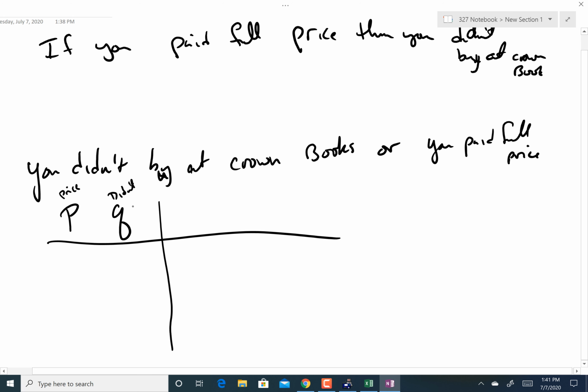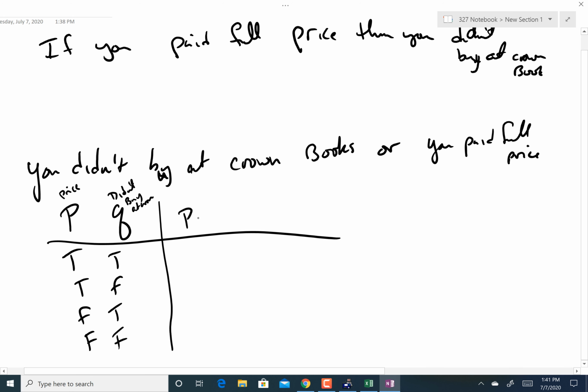One could argue that you could have made Q, you bought at Crown Books, and then you could have put in a term for not Q and gone that route too. One could argue either way. It would work both ways.